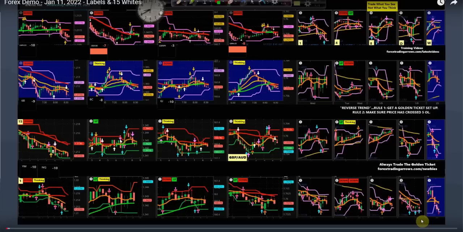I'm not so sure you'd call that a setup there, guys, because it's not really on the 15 flip down BB band. But if you did, fine. But then again, you got another setup there. So if you didn't include that, you could have taken that one up anyway. So then you get another setup here.